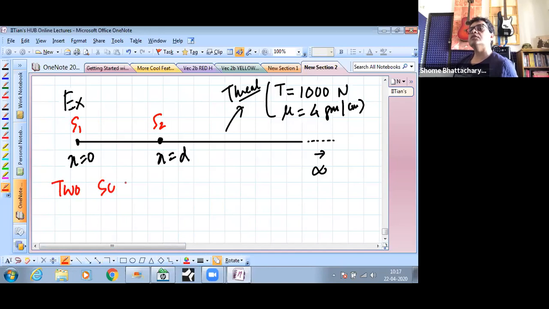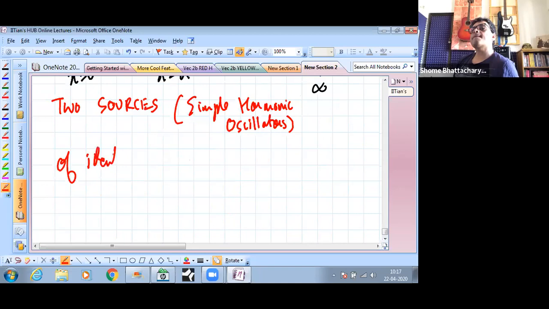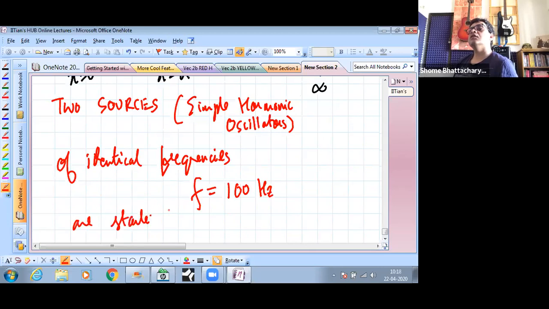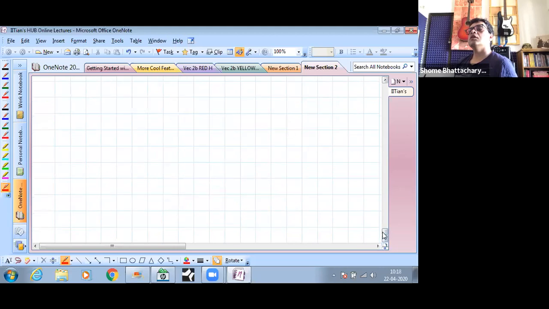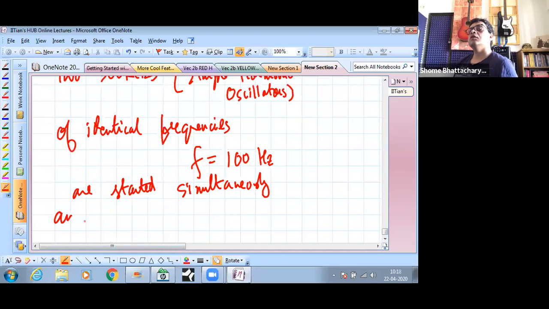So two sources of waves which are basically simple harmonic oscillators of identical frequency, f equal to, let us say, 100 hertz, are started simultaneously and in sync, that is with no phase difference, at t equal to 0.